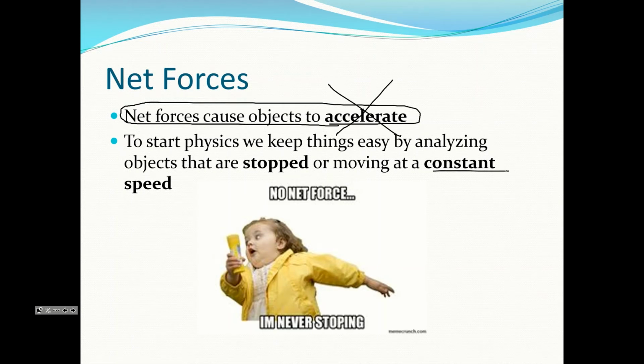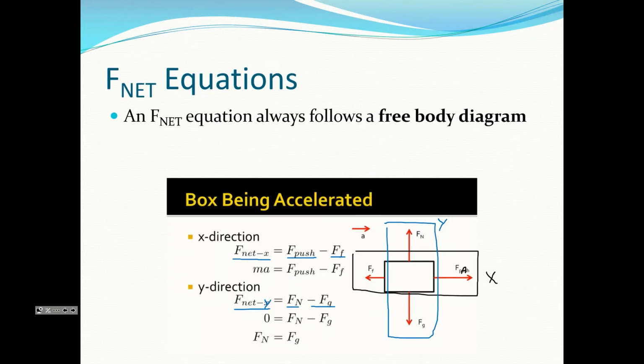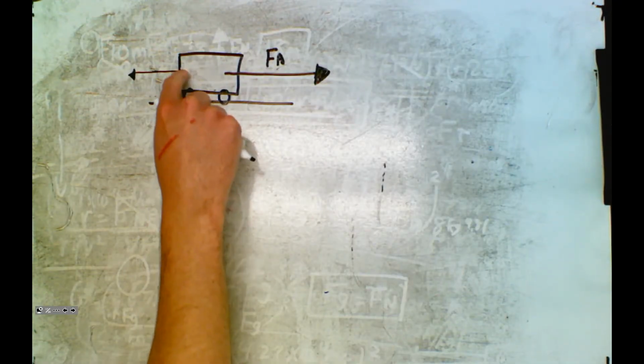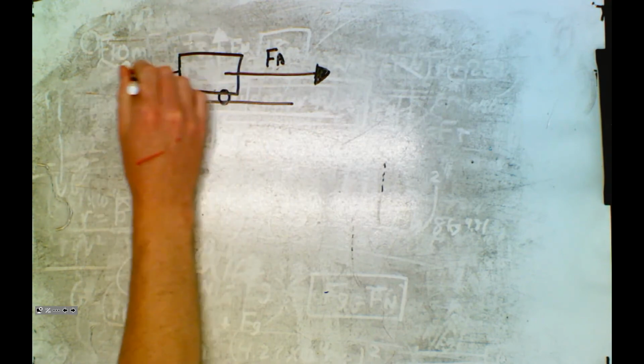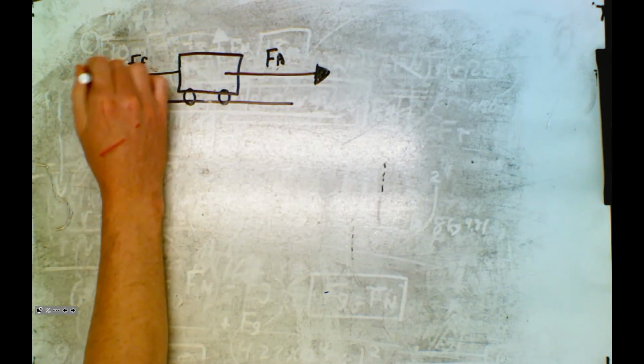And everything that we're doing is at a constant speed to start. We don't talk about any acceleration. So if I'm not accelerating, I don't have any net force, which means when I draw my free body diagram for this question, it's got to be the same size. Maybe it's a little bit bigger. There we go. Now they're the same size.